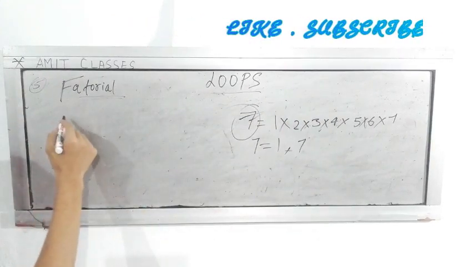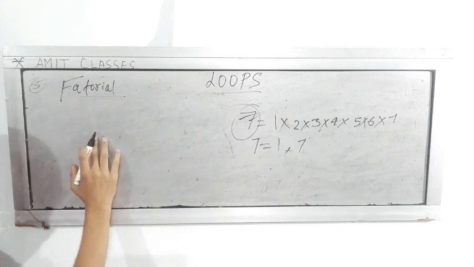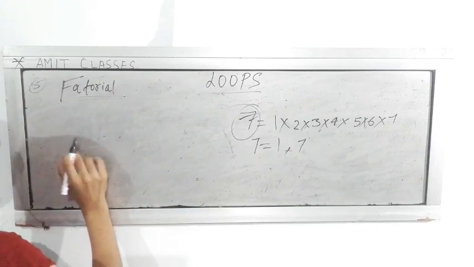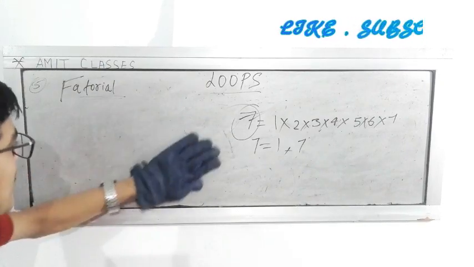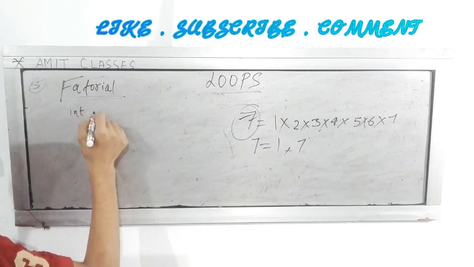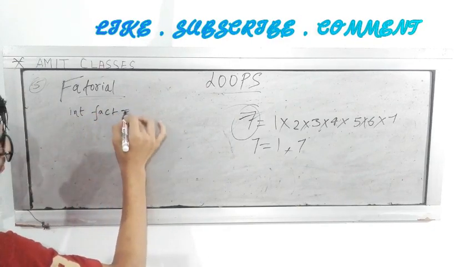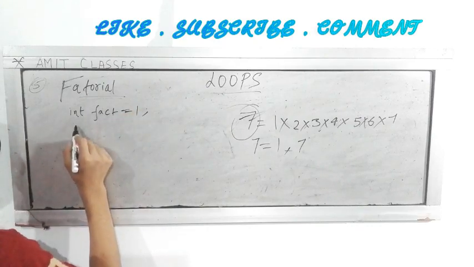For this I am not writing the full program but only the logic of how to write it. We will write int fact is equal to 1, which we have declared here.